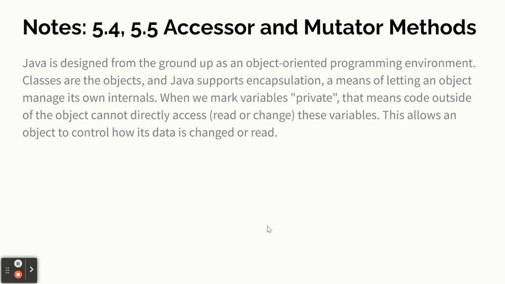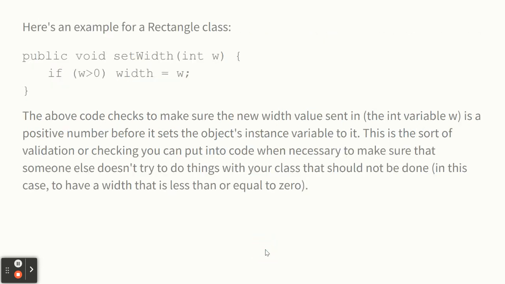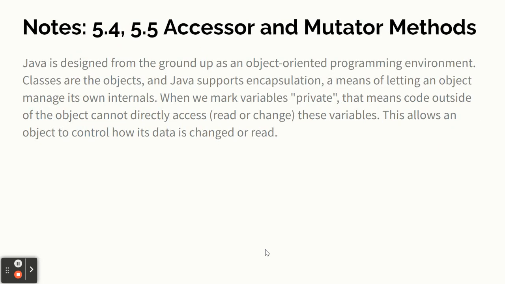If you want to give someone a way to set the variables, like we did with our student class, you have to make a method like setGPA. Or if you want to get the GPA, you need a method called getGPA. And these things that manage how the data is received and changed are called accessor and mutator methods.